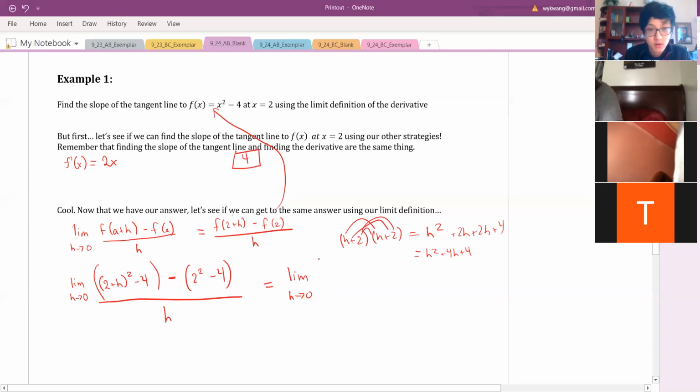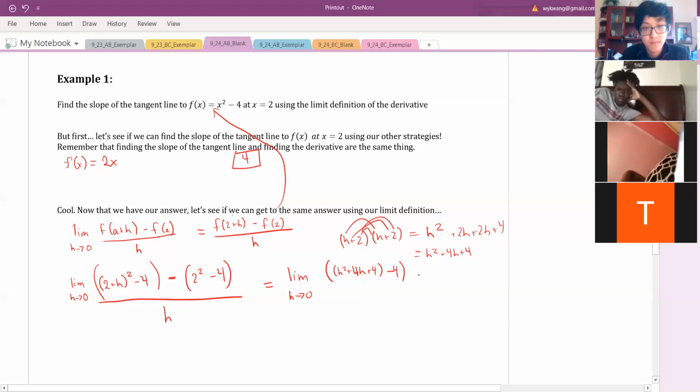Right, so I did that, cool. So I have h squared plus 4h plus 4. If you're able to multiply that out in your head, that's even better. If you need to draw it out, it's totally fine too. But the 2 plus h squared is equal to that. Then I'm going to subtract 4 because there's still this part, right? I can't forget about that.